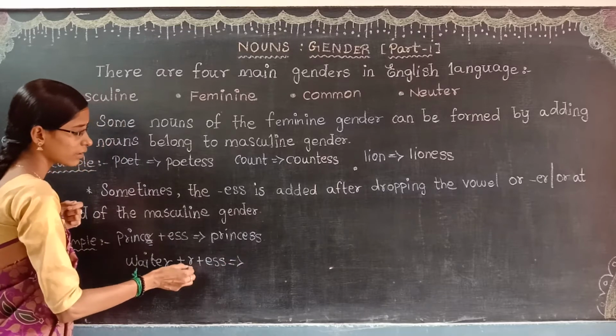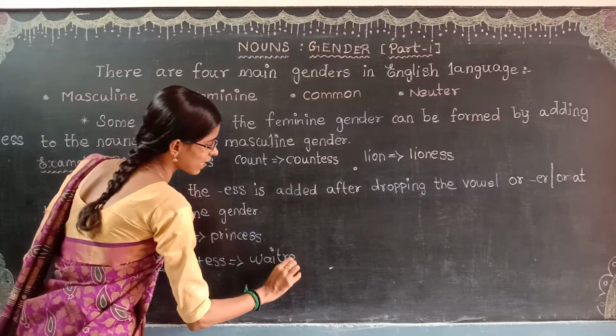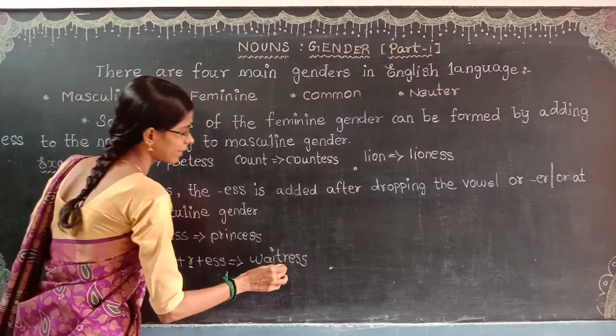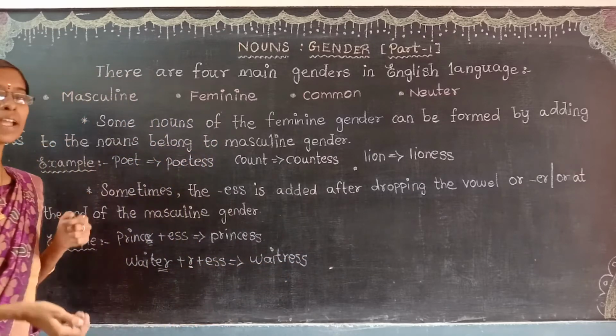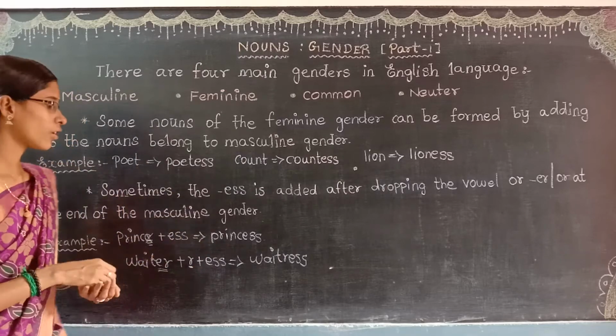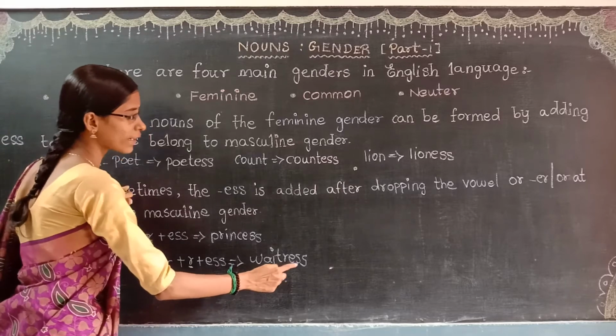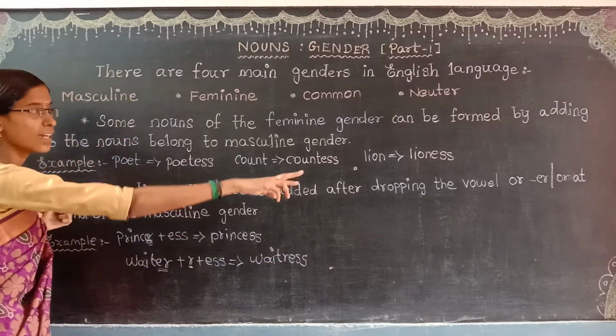Why here? Because in waitress, the spelling changes completely. So if a waiter is a female, you can call them waitress. Okay. So see here waiter ER, but here we have RESS. So this is our second rule.